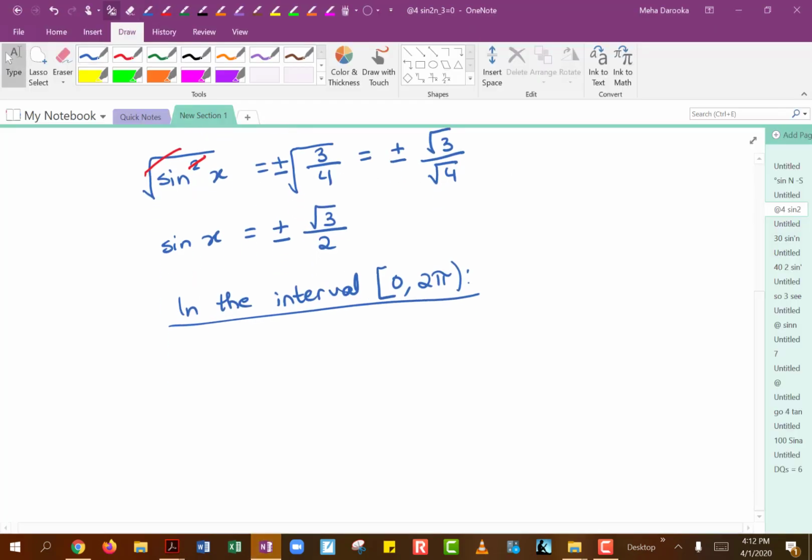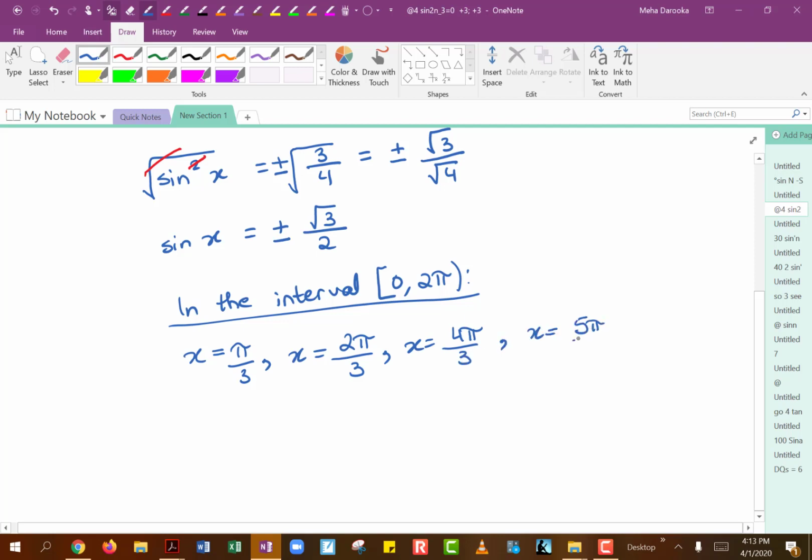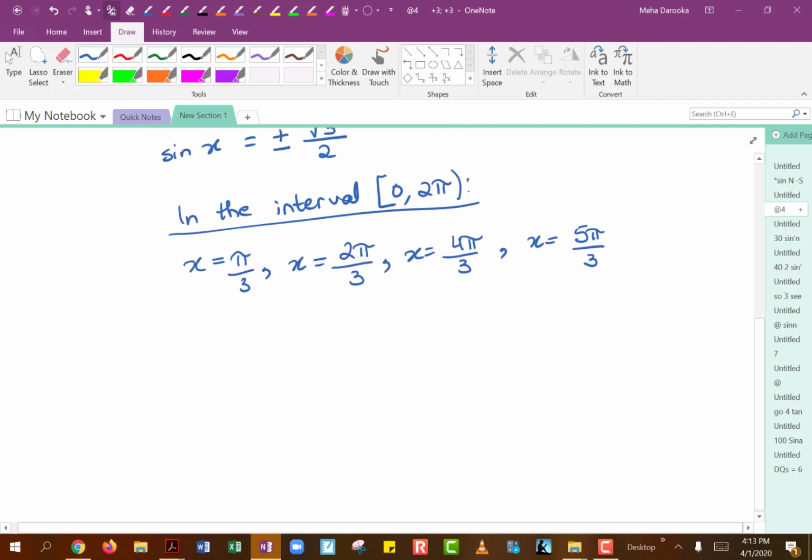So let's go ahead and write those x values down. So that will be x equals pi over 3, x equals 2 pi over 3, x equals 4 pi over 3, and the last one, we had x equals 5 pi over 3, okay?